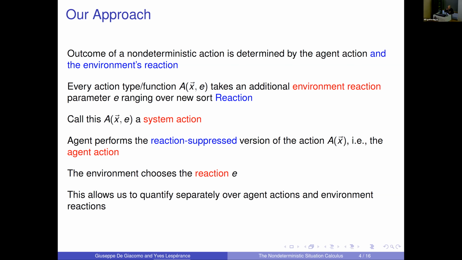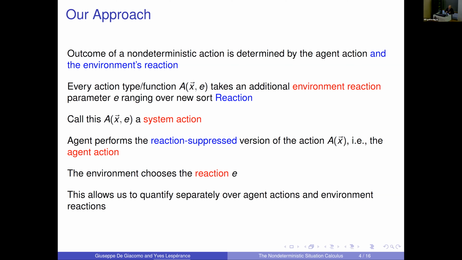The way we handle this technically is to say that every action function, action type, besides the normal parameters of the action, like pick up a block, takes an environment reaction e as an additional parameter.